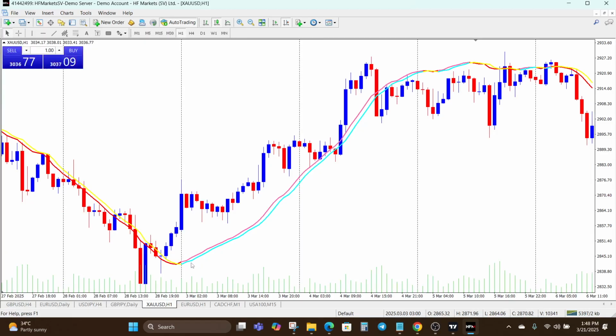When the lines cross to the upward direction, the yellow line turns to blue, and the red turns to pink and crosses above the blue, you have a buy signal.